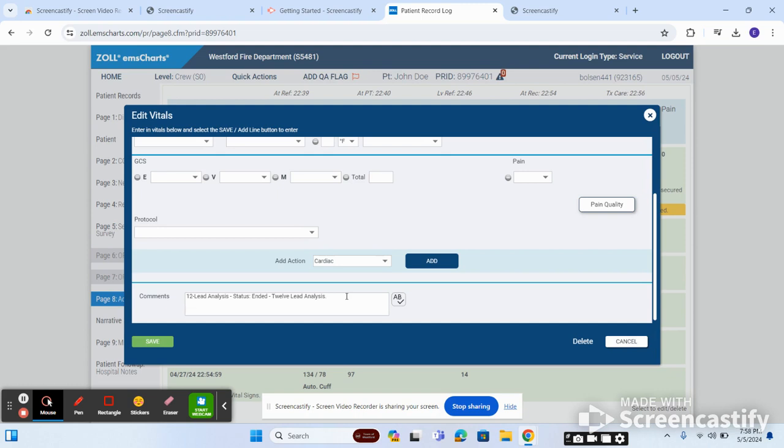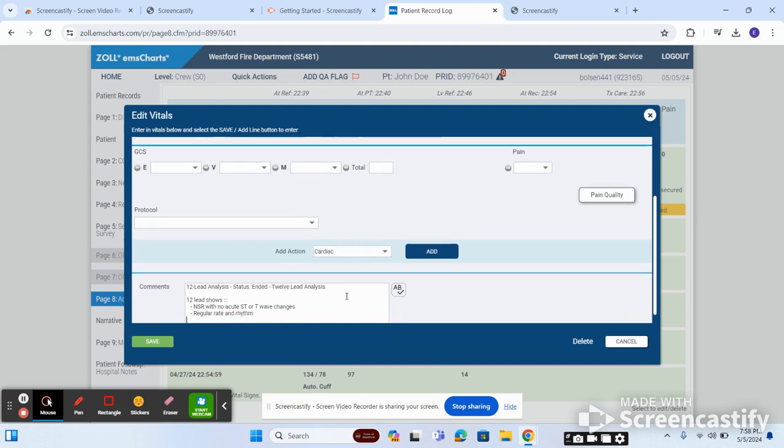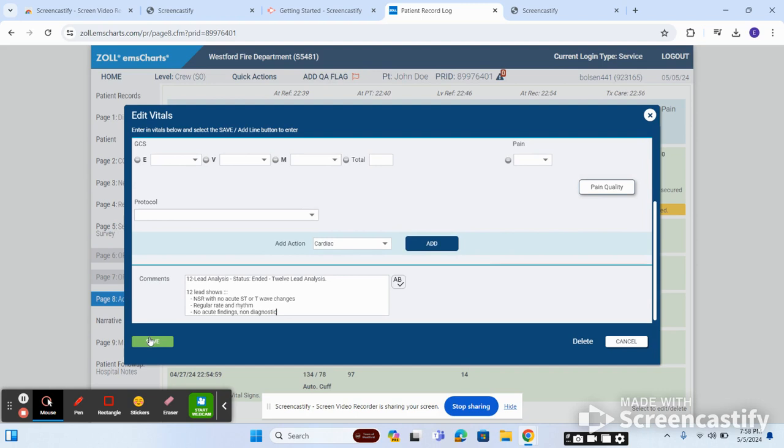So below here, I'm going to say 12 lead shows normal sinus rhythm with no acute ST or T wave changes, regular rate and rhythm. No acute findings, non-diagnostic. Done. Save.